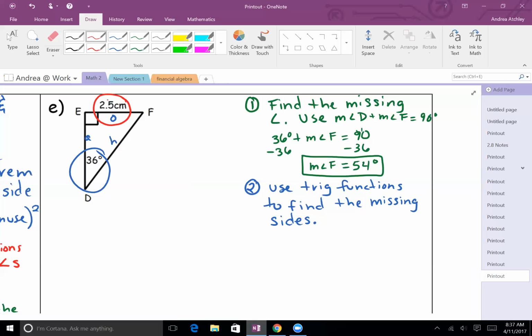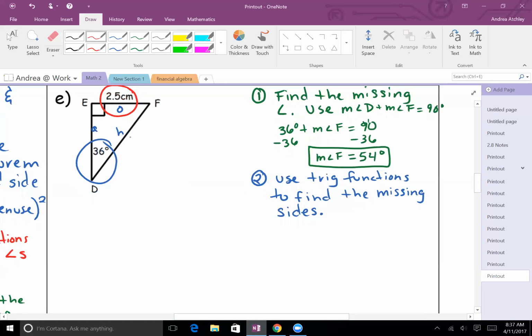It has to be two letters. F to what? F to D, FD. Okay, so this is going to be the hypotenuse. So I have SOHCAHTOA.